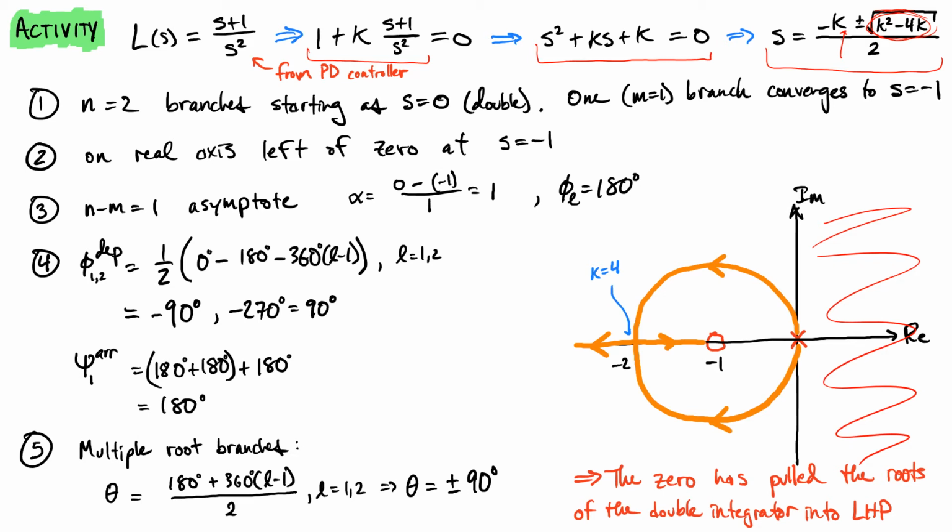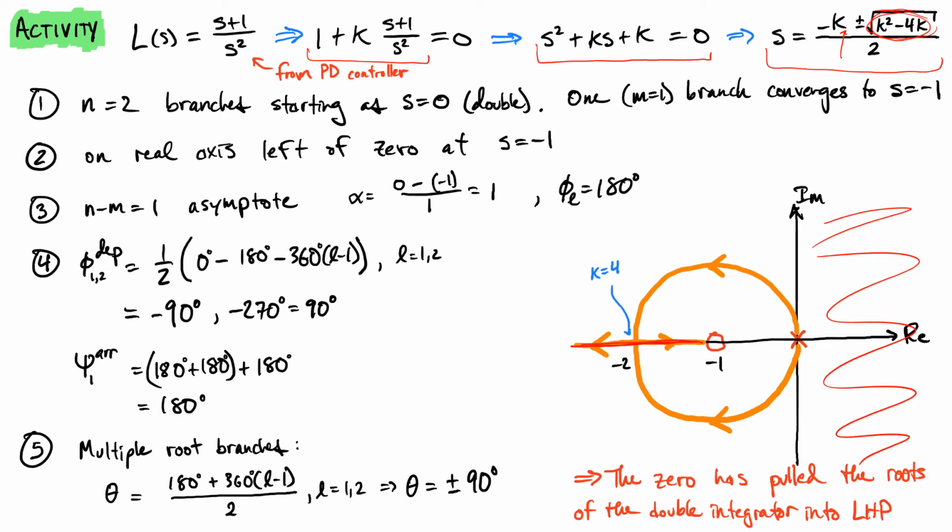So when k is equal to 4, this value here is 0, and whenever k is bigger than 4, that becomes a positive number. And so when this discriminant is positive, you can go ahead and take the square root and get a real number. And so once k is bigger than 4, you're actually getting real roots. And so that's what you're seeing here on the real axis. That's the same thing as getting real roots all the time.